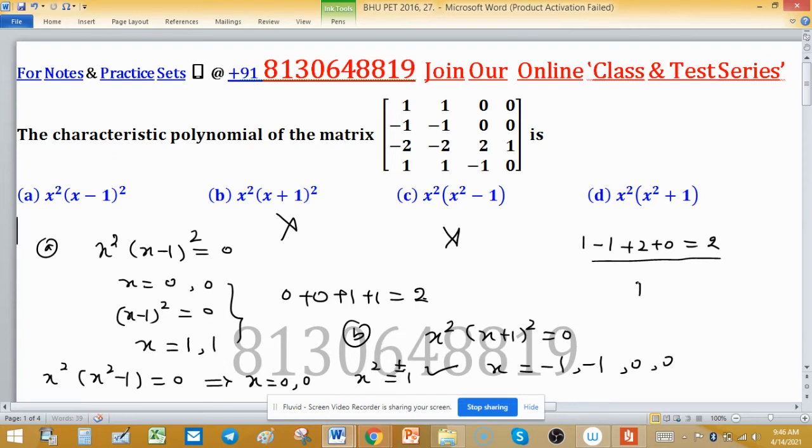And in option D, x squared plus 1 means 2 eigenvalues are 0 and the other two come from x squared equal to minus 1, so complex eigenvalues, and the sum of complex eigenvalues exists here. So this is not possible. So the correct option, which was option A as a possibility, is now confirmed as the correct option.